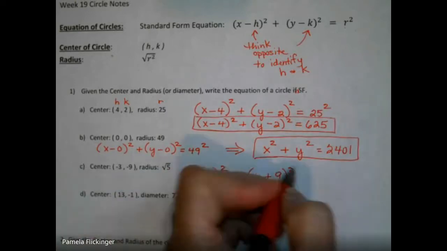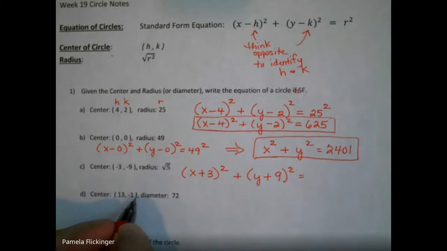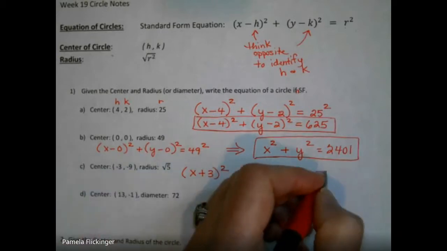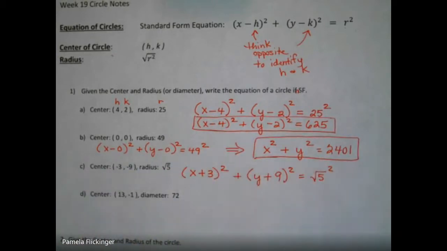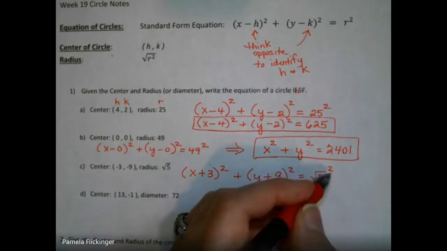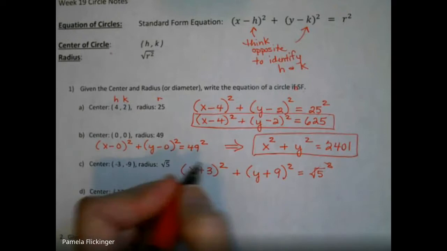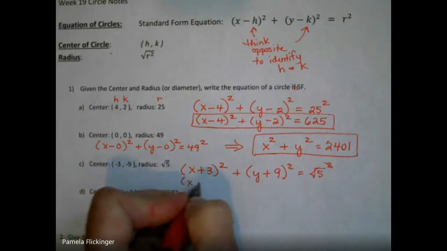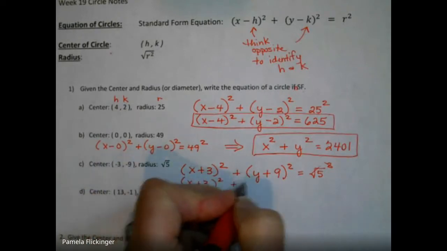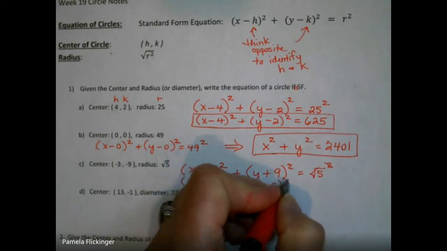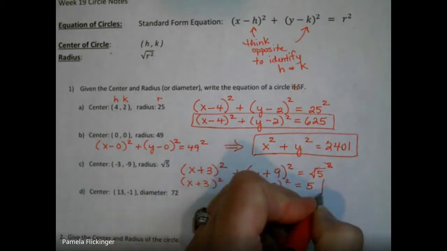Notice the square root of 5 is our radius, so if I have the square root of 5 squared, remember squaring and square rooting cancel each other out. So your final answer for this is going to be the quantity x plus 3 squared plus the quantity y plus 9 squared equals 5.